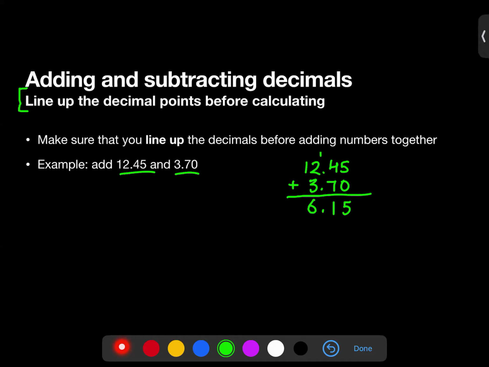And then 6. And then lastly, 1, we bring it down. So our final answer is 12.45 plus 3.7 equals 16.15.